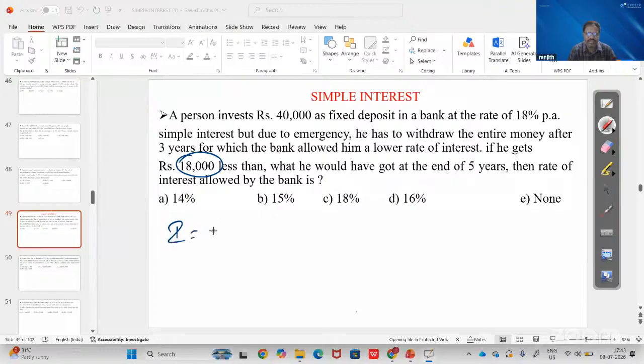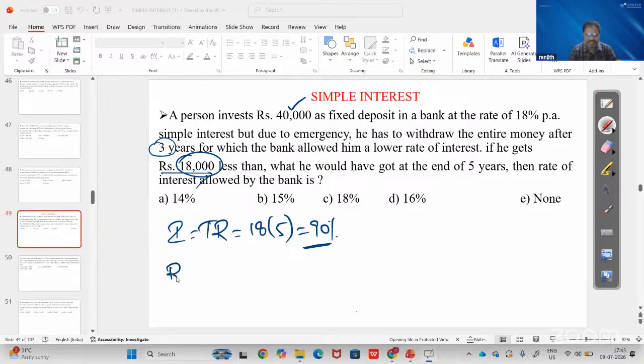So let's see. He has to get for 5 years. So the rate of interest: I equal to TR, 18 into 5 equal to 90 percentage he has to get for 40,000. But he withdrew after 3 years and got 18,000 less.